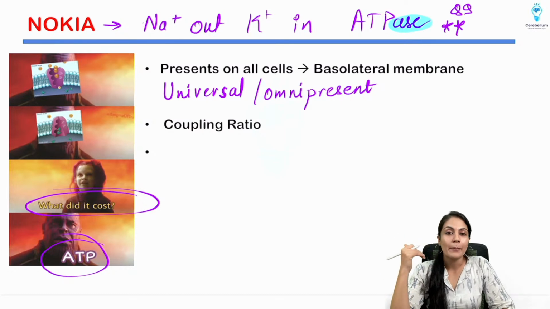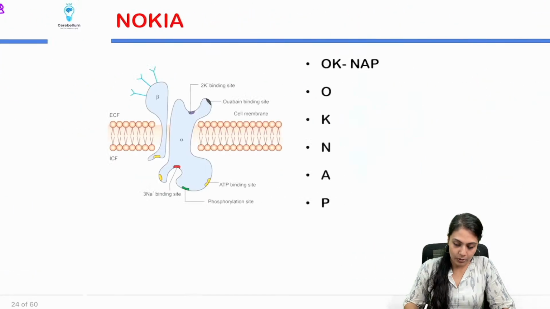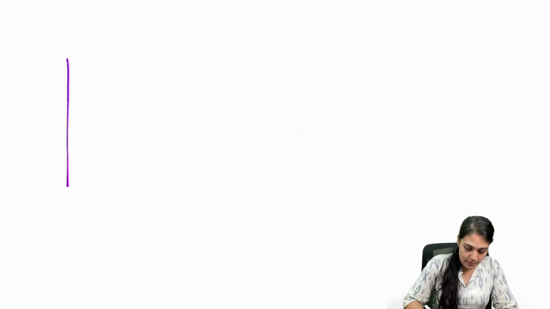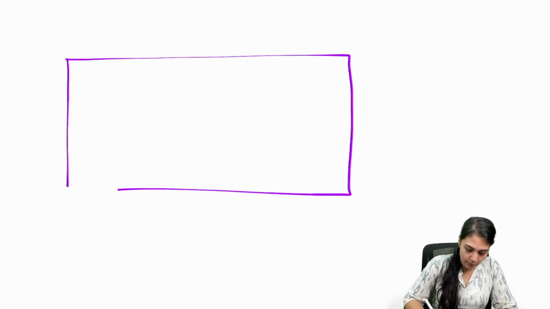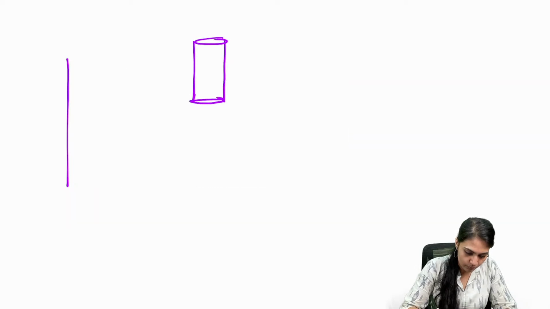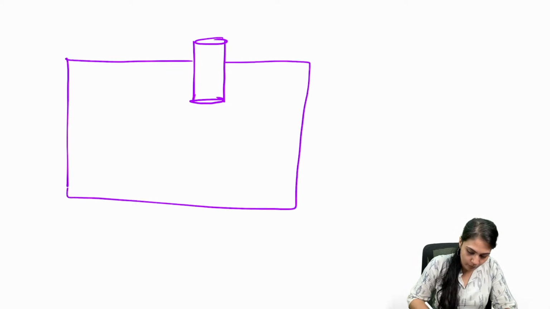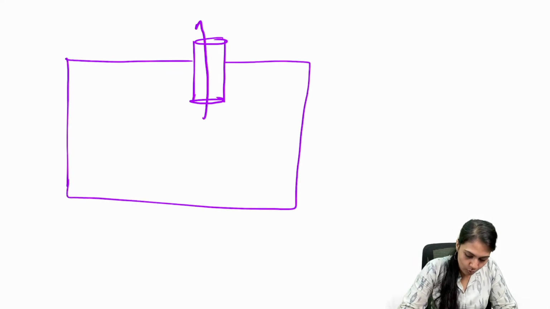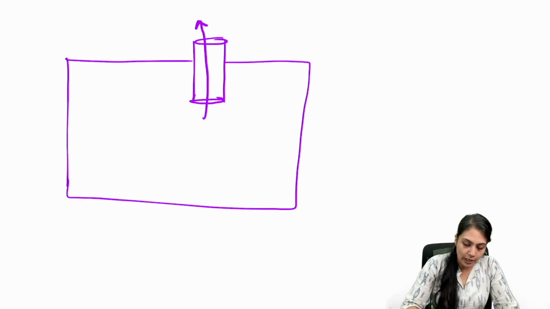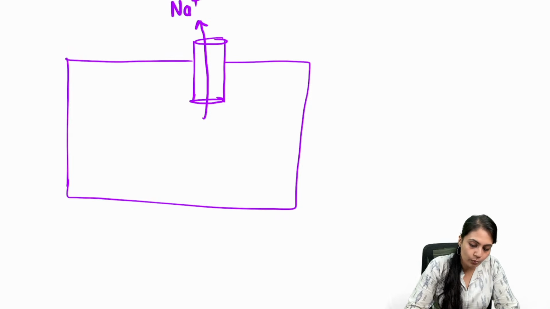Now, what is the coupling ratio? Understand, if I talk about the sodium potassium ATPase, suppose this is the cell boundary, and I have the sodium potassium ATPase over here. It is going to throw out the sodium, because there are leaky cationic channels present.